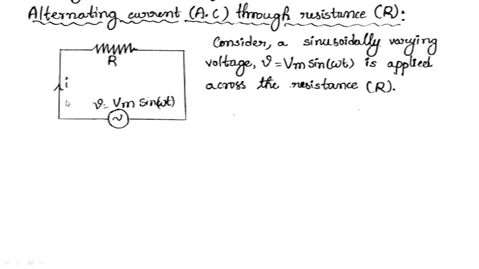Consider a sinusoidally varying voltage V equals Vm sin omega t applied across the resistance R.